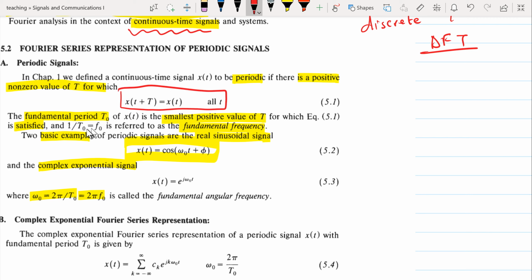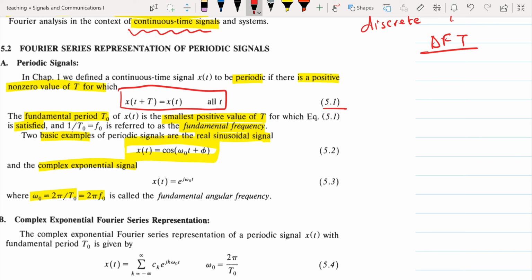We also said that the fundamental period T naught of this function x(t) is the smallest positive value of T for which this equation is satisfied. Further, we said that we can define the fundamental frequency as the reciprocal of the fundamental period.